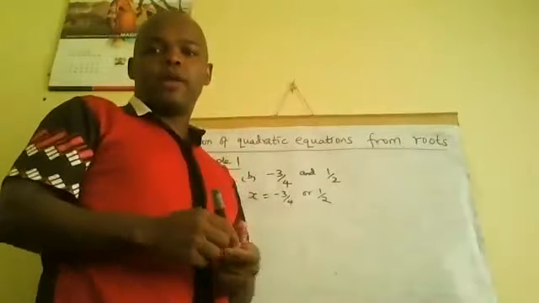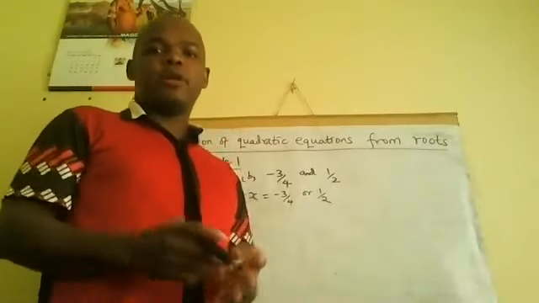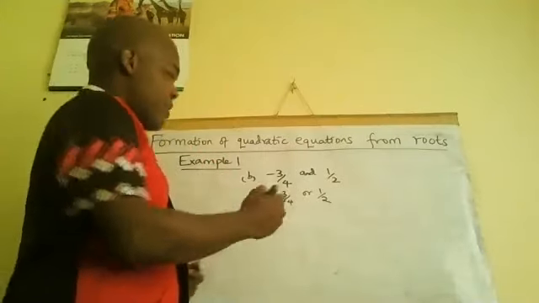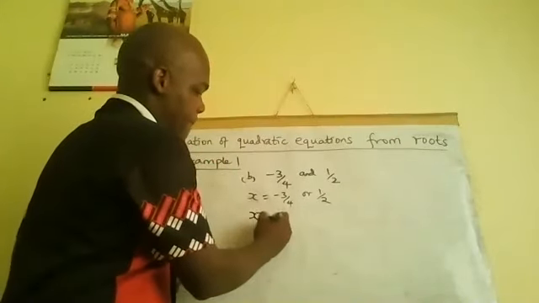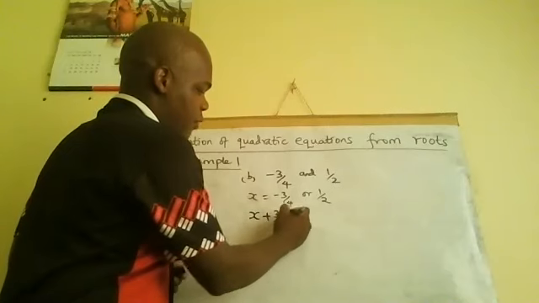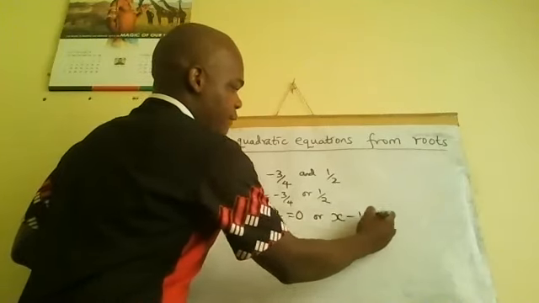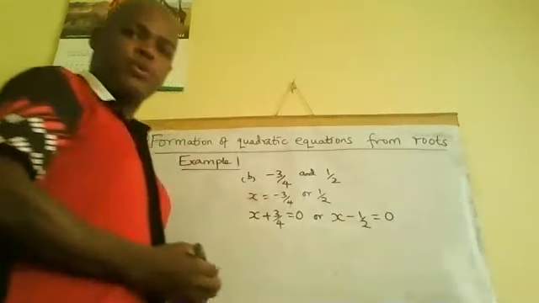So those of us who are getting to class, just make sure that you come early next time. So this means that we have x plus 3/4 is equal to 0, or x minus a half is equal to 0.